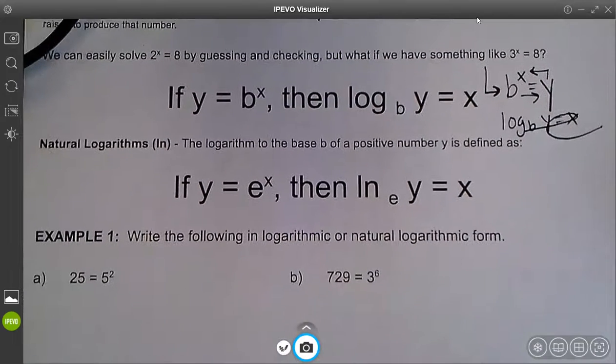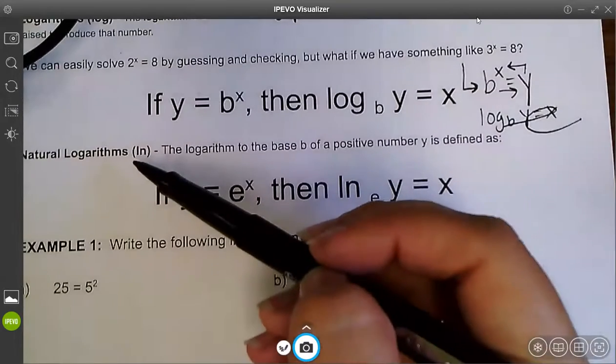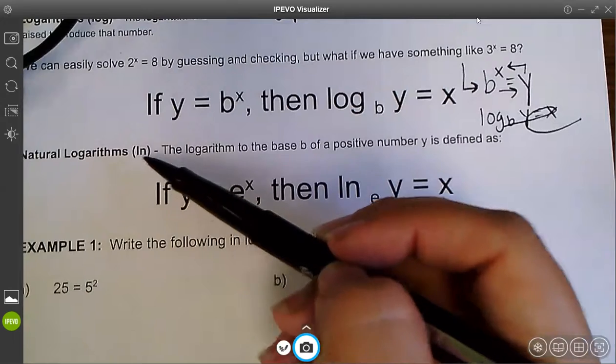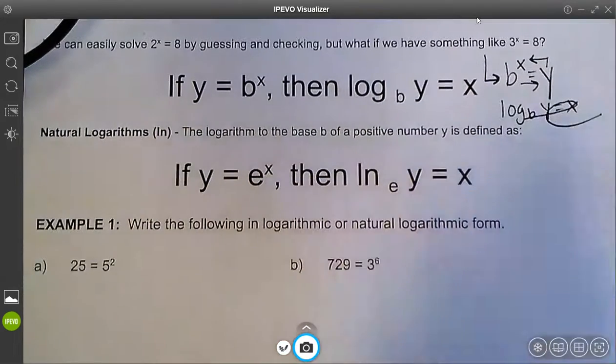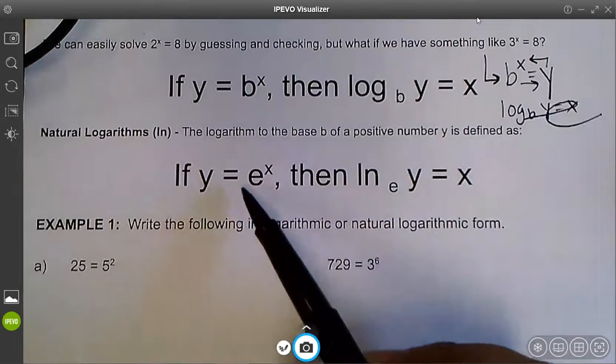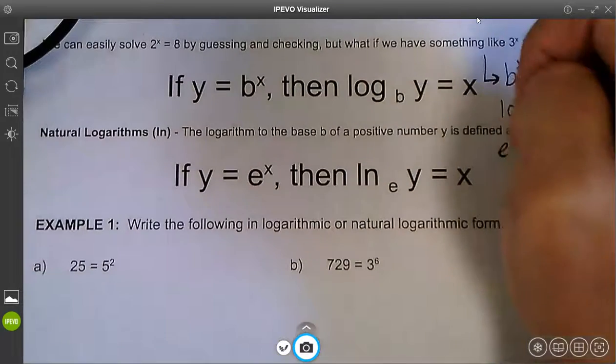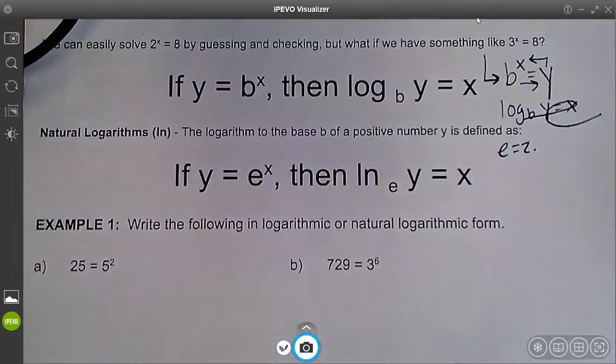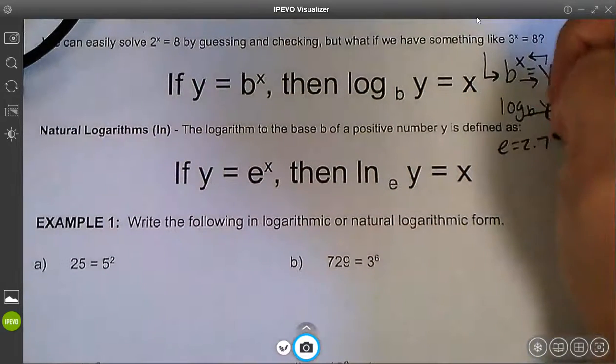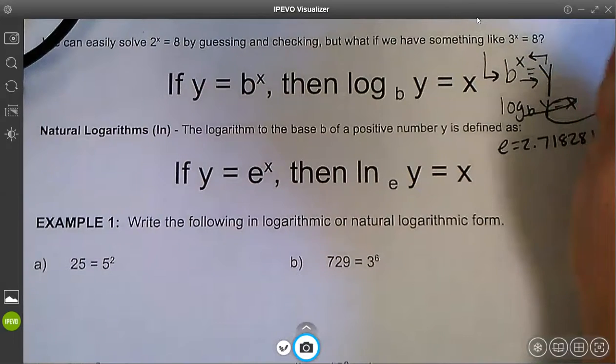Natural logs: if this is not an I or a 1, it is an L, LN, that's a common mistake. It's the log to the base b of a positive number to find y. Okay, so if we have y equals e to the x power, e is the number 2.7182881 yada yada.